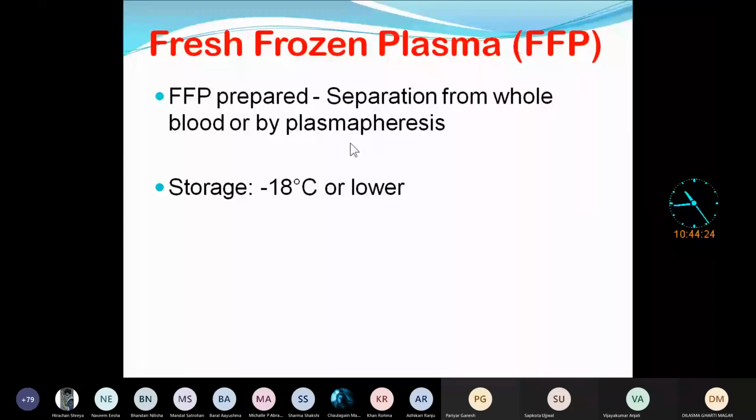Understood here? So the person's blood is drawn, and that blood will go into a machine. Then after that, whatever the plasma is is separated, and then the WBCs will return back to the same person. That is known as plasmapheresis. Understood here?